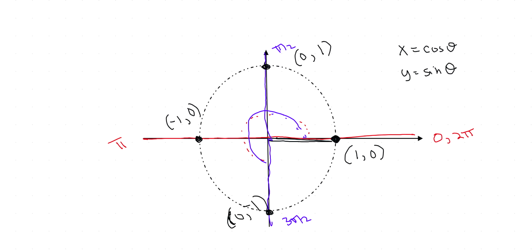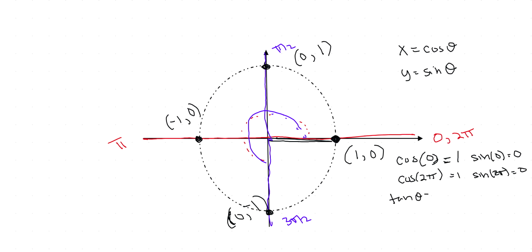So if I look at each of these as an xy coordinate, I know that cosine of 0 and cosine of 2 pi are the same, and they're both going to be equal to the x value, which is just 1. Sine of 0 is going to be 0. Sine of 2 pi is also going to be 0. And tan is sine over cosine.